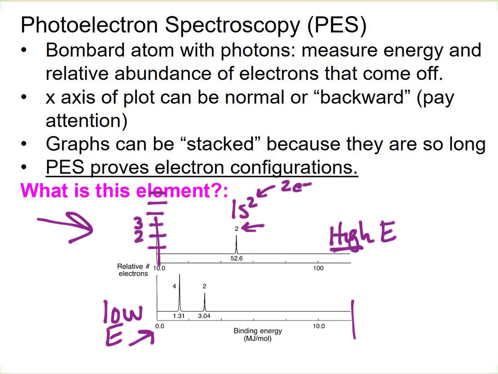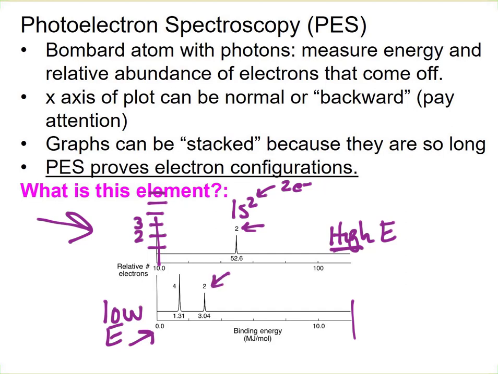Again, your 1s2 peak is always going to take the most energy to remove those 2 electrons, because they are the closest to the nucleus, and because there's that strong proton-electron attraction, those are going to be the hardest to remove. Your valence electrons are further away from the nucleus, and so they are not going to take as much energy to remove them.